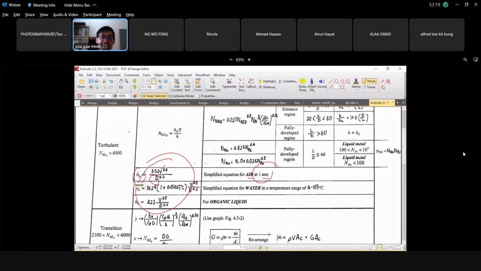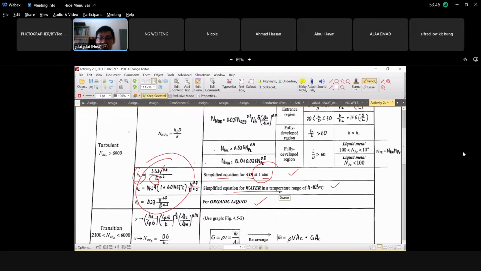Some people developed all this. If you want to use these simplified formulas, you must take note of the conditions. All these conditions must be met. If the conditions are not met and you use them, you will still get a value, just that the h is very far away from the correct one.